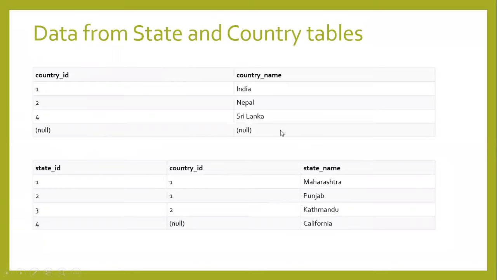Now, when you combine this using the left join, it will take all of the data from the table on the left, so it takes country ID and country name. But when it looks in the table on the right, it does not find any matching state ID and state name. Let me just indicate that over here. It takes this null, but over here it finds no matching state name, and it does not find any matching state ID in this table to match these two nulls. So what it does is it auto-populates the null values.